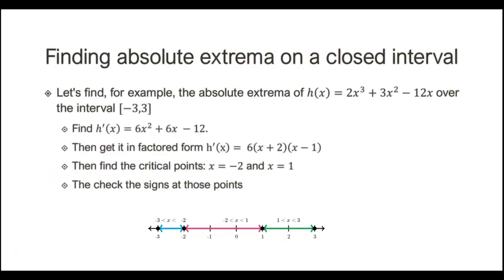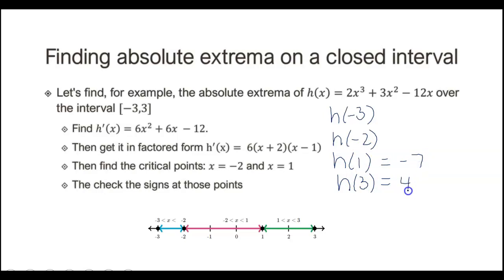Yep, because when you plug them in, there we go. You have h of -3, h of -2, h of 1, and h of 3. H of 1 is -7, h of 3 is 45, 20, and 9. So that makes this the absolute max, and this the absolute min.